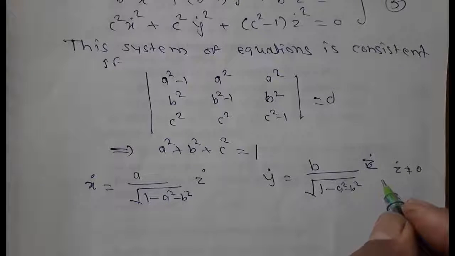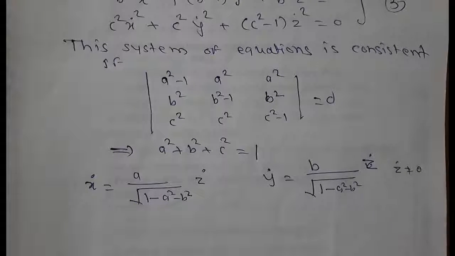Z dot is not equal to 0, and similarly y dot will not become 0. This is equation 4.